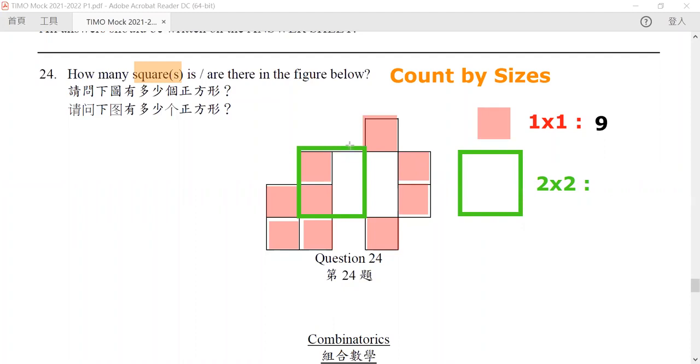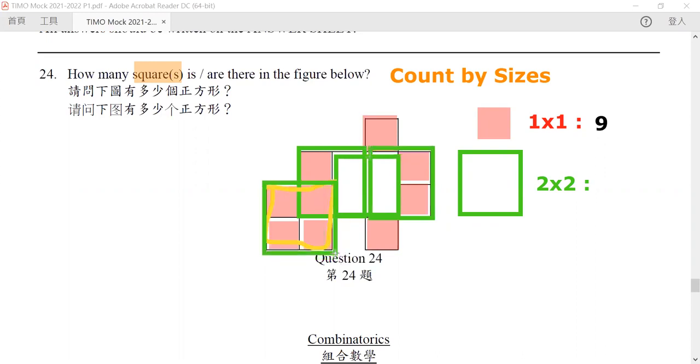This is 1, this would be 2, 3, and then 4. So there are 4 different squares of it.